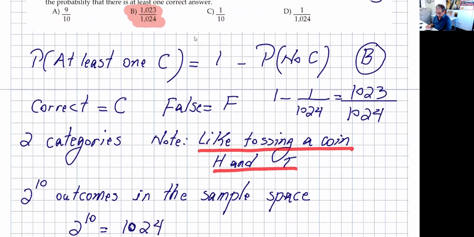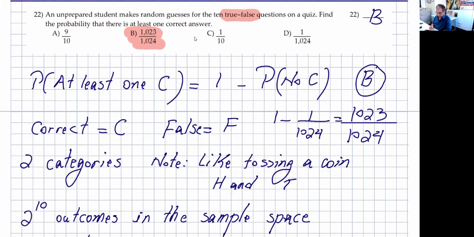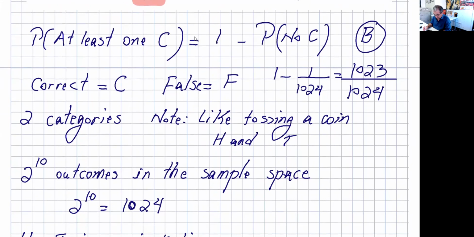Now, the number of outcomes when you have two categories in the sample space, the formula for that is 2 to the n. So this is the number of outcomes in the sample space.